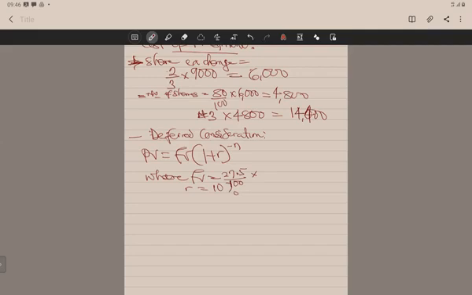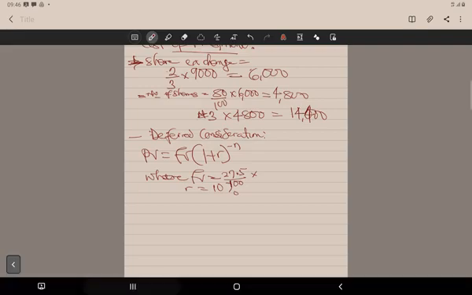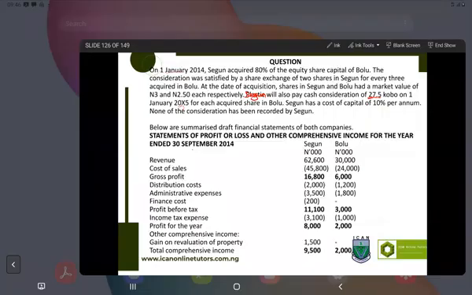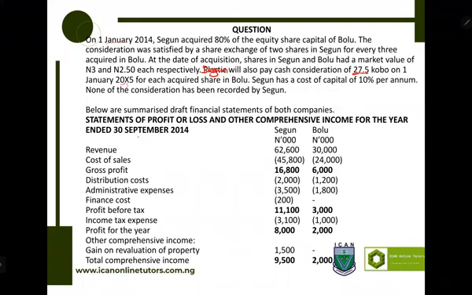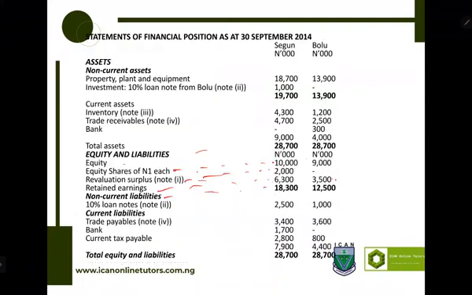You now go and look out for the market value of the share price. Let's check additional information, whether we have where we are given. At the date of acquisition, shares in Segun and Bolu had the market value of 3 naira and 2.5 respectively. Whereas Segun will also pay a cash consideration of 27.5 kobo on it.